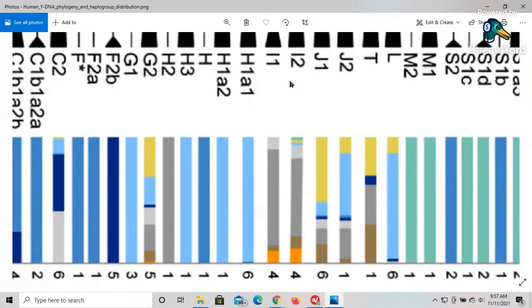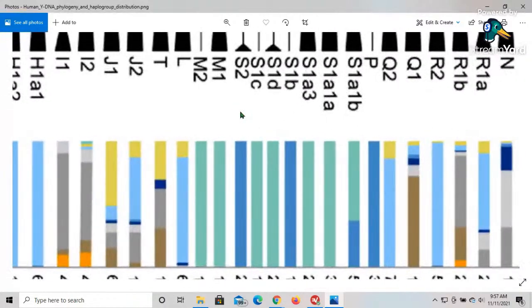We have the I1, Israel, I2, Israel, J2, no, it's J1, is Arabic and Israel, and J2 in America, and the T. Remember the T? It is also in the population of the Jewish people as well in America.